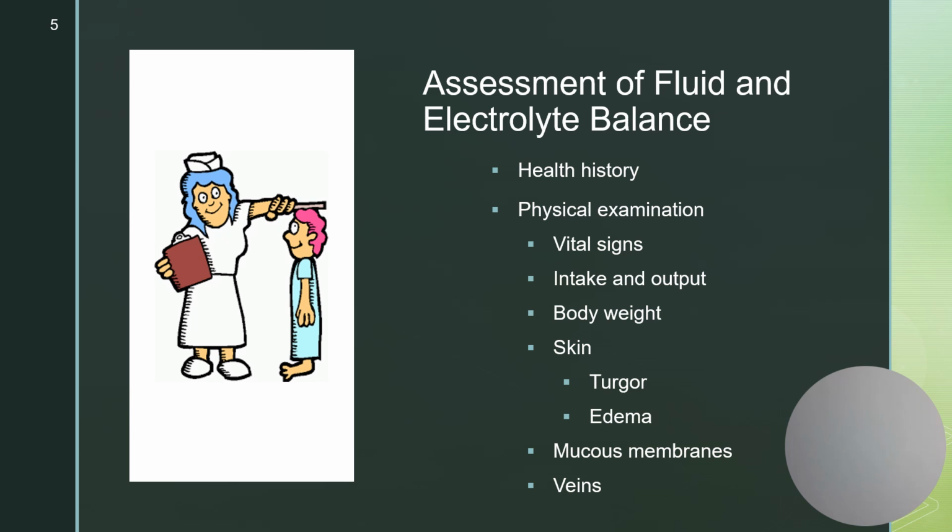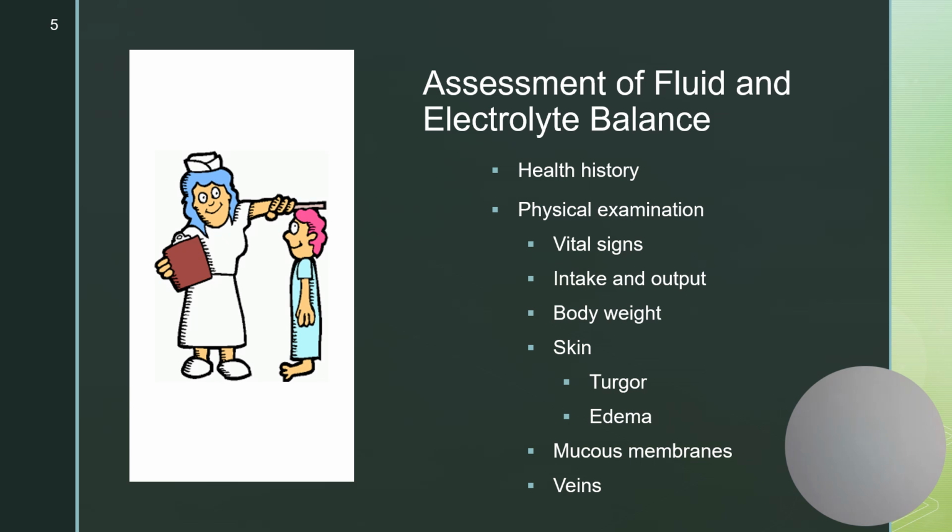Pitting edema will be evaluated on that 4-point scale, ranging from 1+ edema, where it's a barely detectable pit, to a 4+ edema, where we have a deep and persistent pit that is approximately 1 inch deep. In severe edema, pitting edema may not even be possible because there's so much edema that it will not pit. You just can't press in on it.